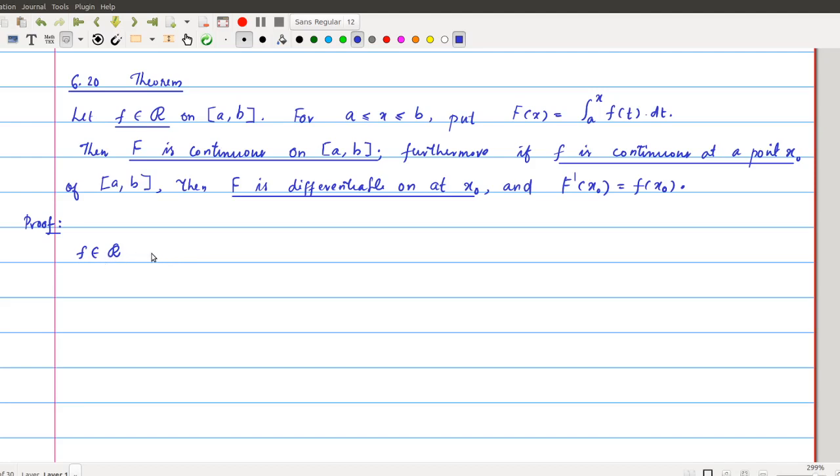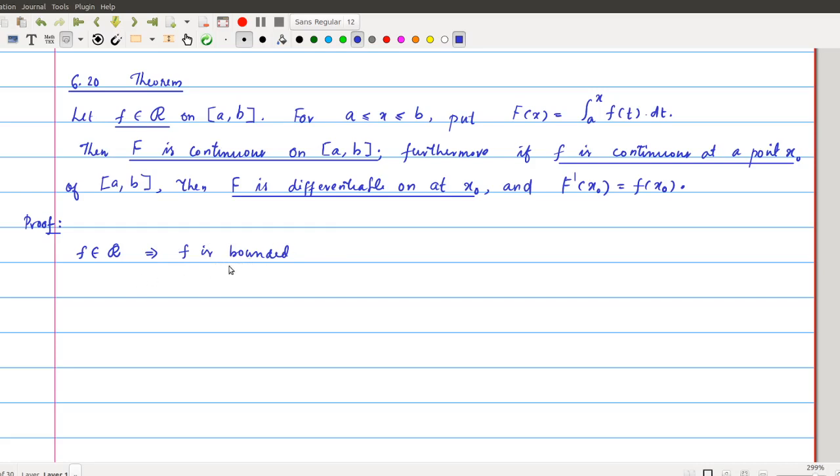Then we know that this f is bounded. Mod f of x is less than or equal to some M. So f is bounded, otherwise this will not be Riemann integrable. Boundedness is a necessary condition for Riemann integrability that we have.